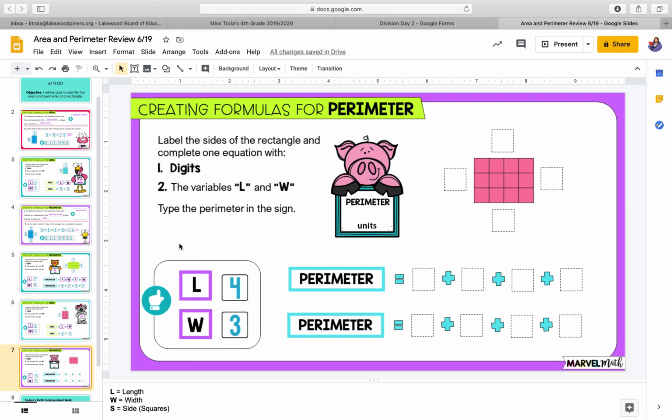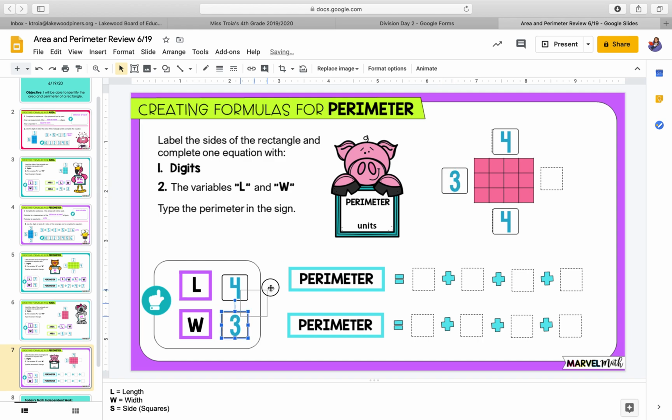I think there's one more perimeter, and then we're all done. Label the sides of the rectangle and complete one equation with the digits and the variables L and W. Type the perimeter and the sign. Okay, so our width, again, I'm counting the units, 4. And what goes on the top, opposite sides are equal, goes on the bottom. And then we have our width of 3.